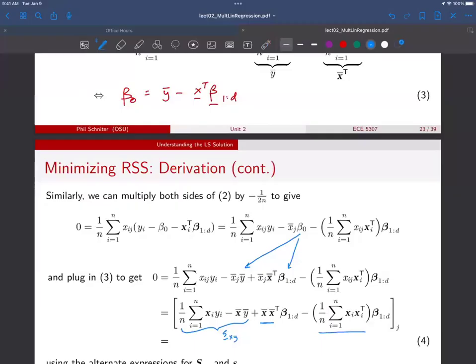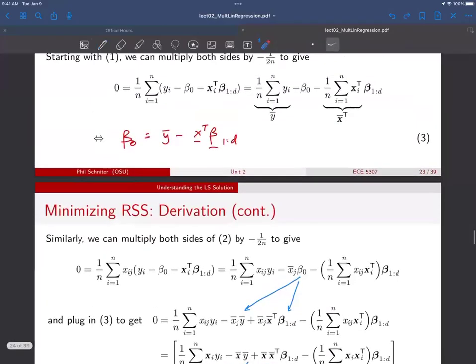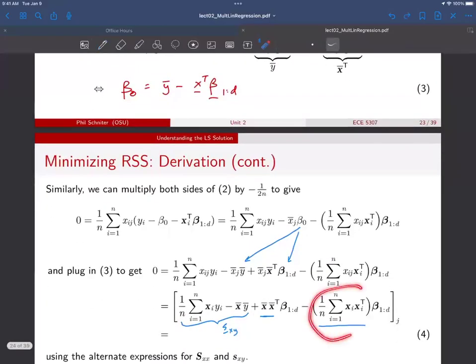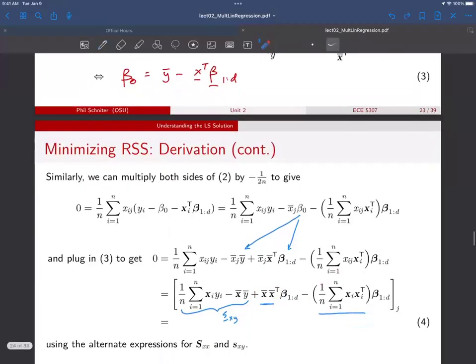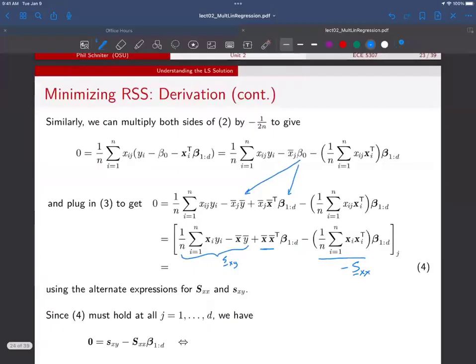So this over here, this is the autocovariance. If you remember, negative autocovariance based on our expression. This and then because of this minus. So over here we have a minus SXX, and then that gives us overall the expression is going to be SXY minus SXX matrix times beta 1 through d.